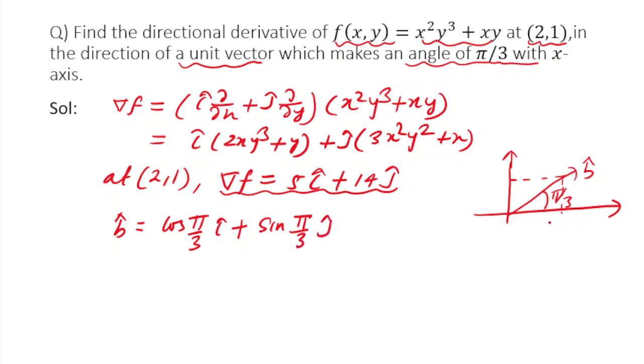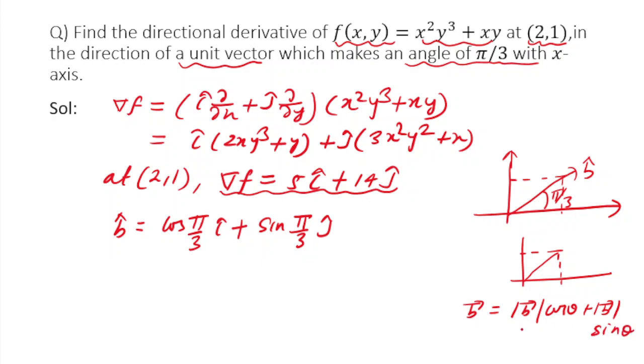Did you understand this? Suppose I have a vector whose magnitude is 1. So its i component and j component will be what? The vector b is written as magnitude of b into cos theta i cap plus magnitude of b into sin theta j cap. But the magnitude of b is 1 because it is a unit vector.